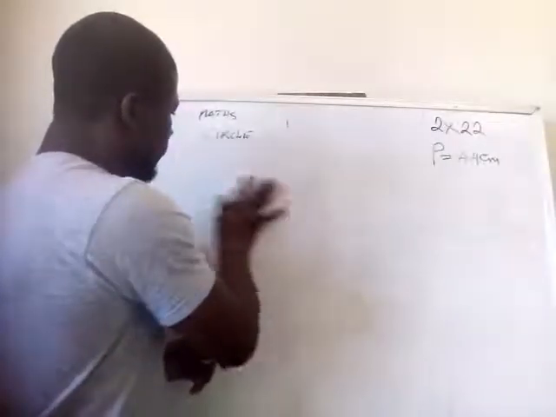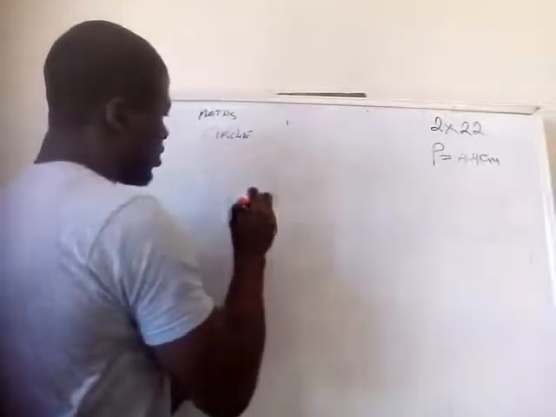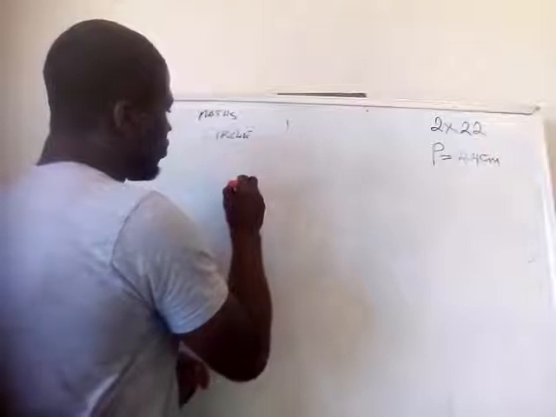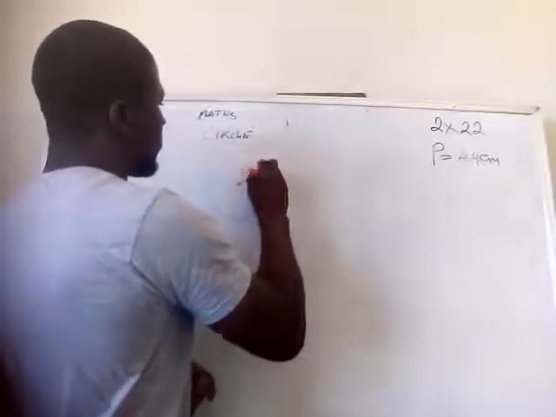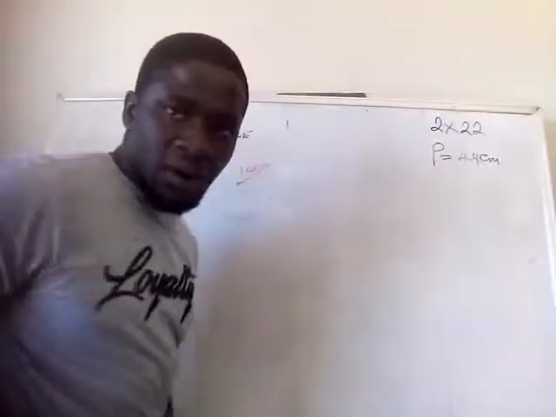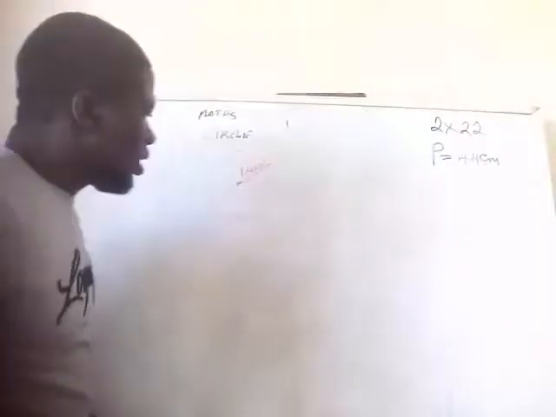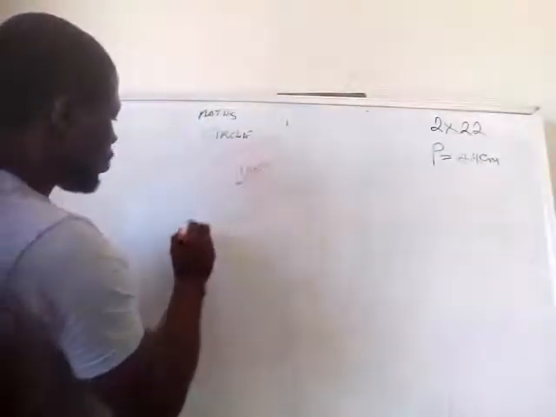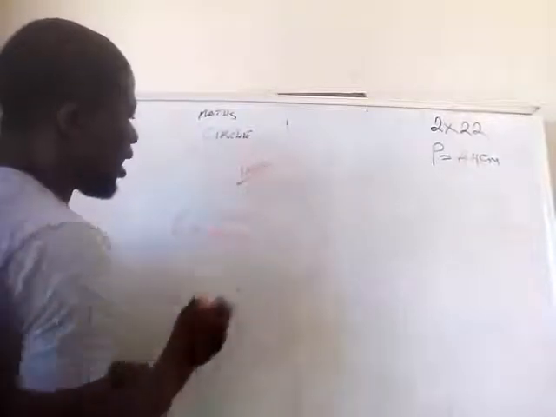If we are given this, so I said the radius is 14 cm. So if the radius is 14 cm, that means what we'll be having is perimeter equal 2 pi r.